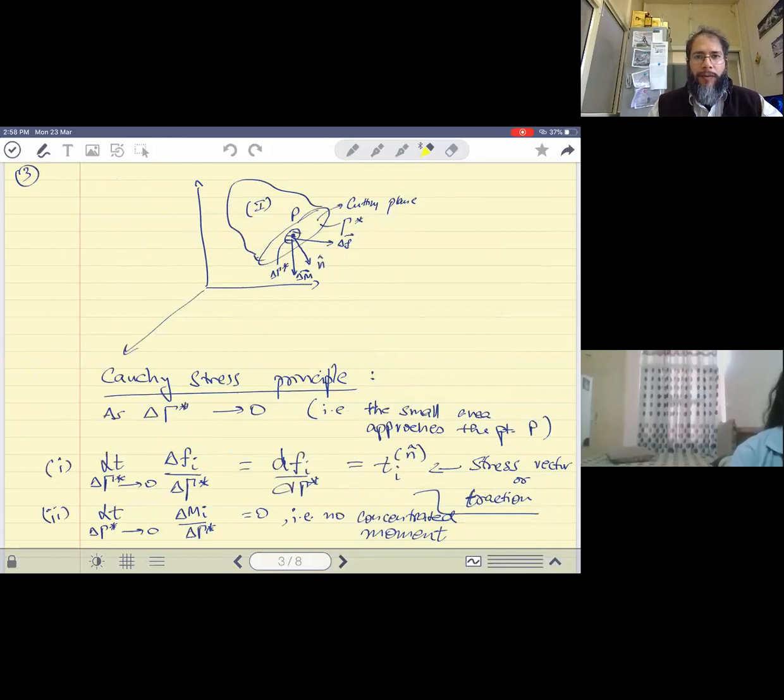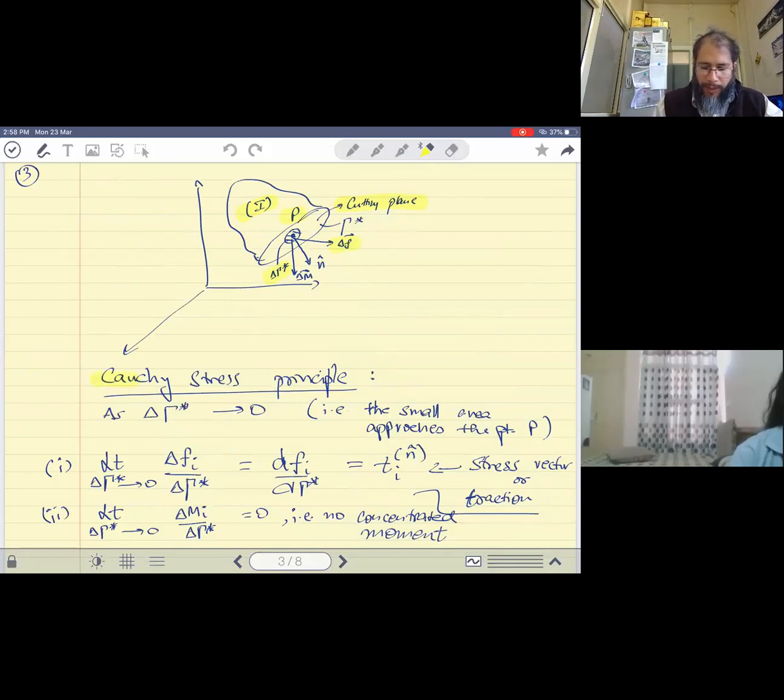So when we create that hypothetical cutting plane, and we only consider part 1, we're trying to write the free body diagram of part 1. So we take a small area delta gamma star around the point P, and we find the total force acting on the small area delta gamma star, which we call delta F.